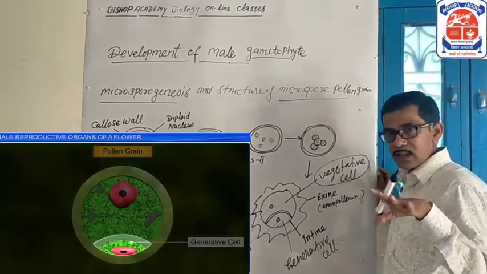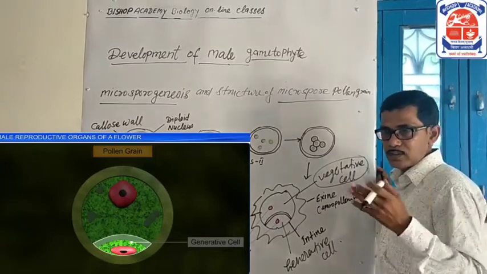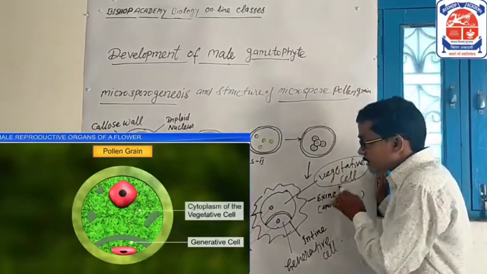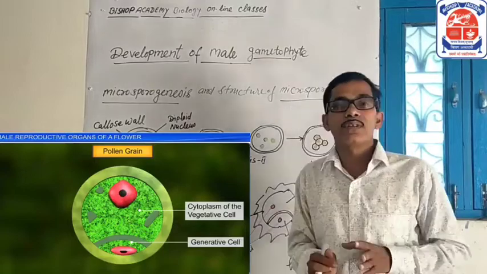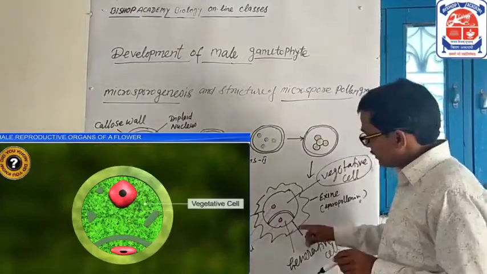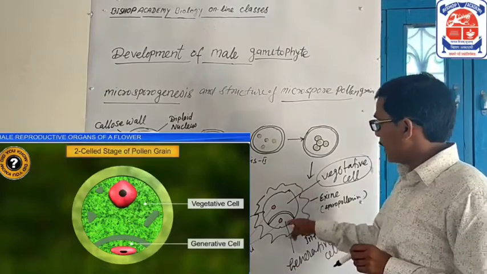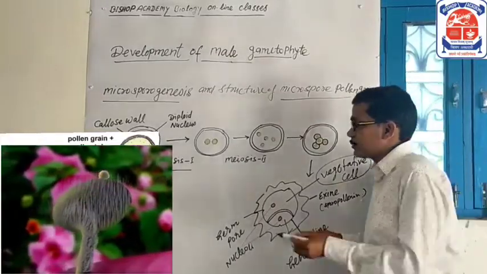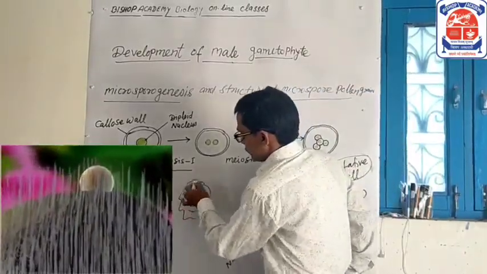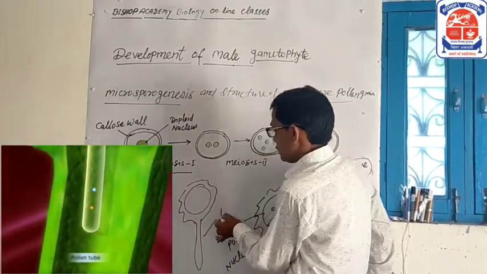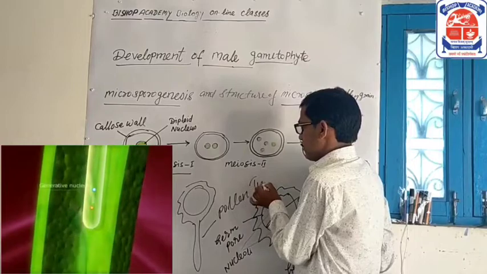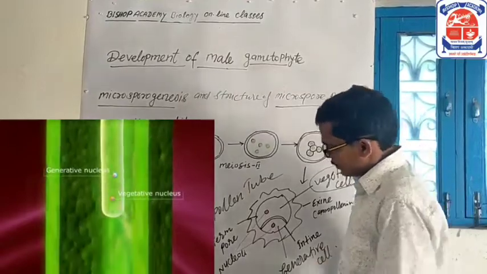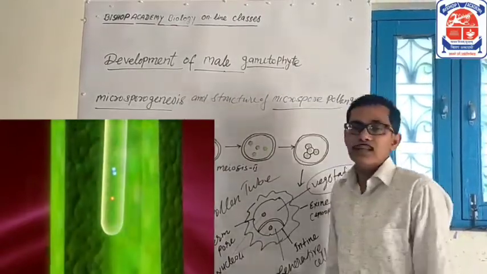When the pollen grains are set on the stigma in sexual reproduction in flowering plants, the vegetative cell breaks and forms the pollen tube. Then the generative cell divides and forms the gametes inside the pollen tube.